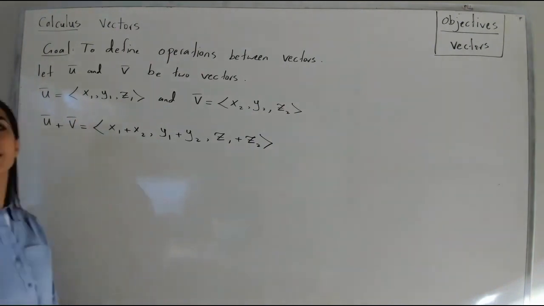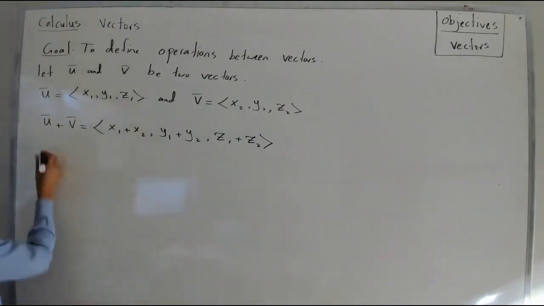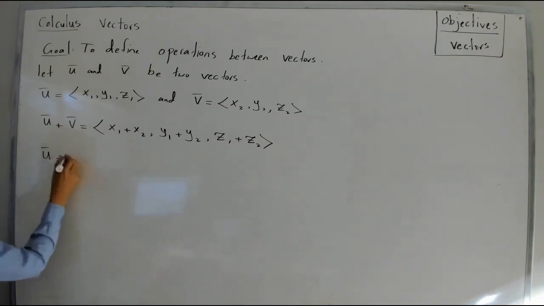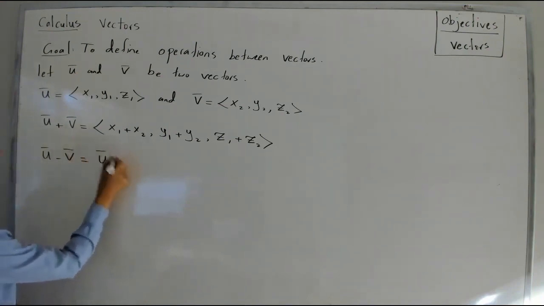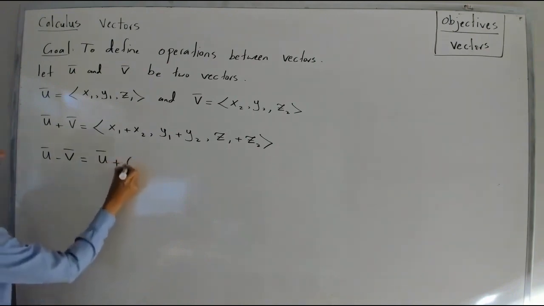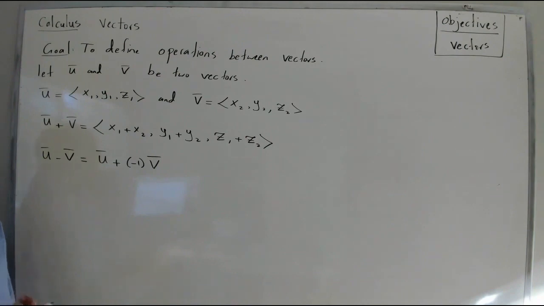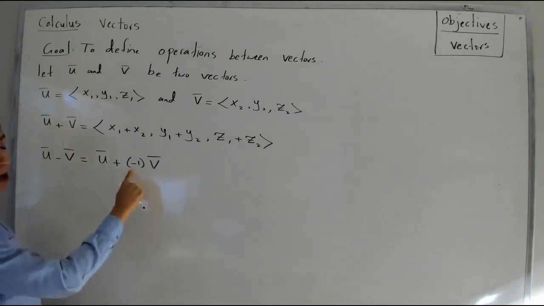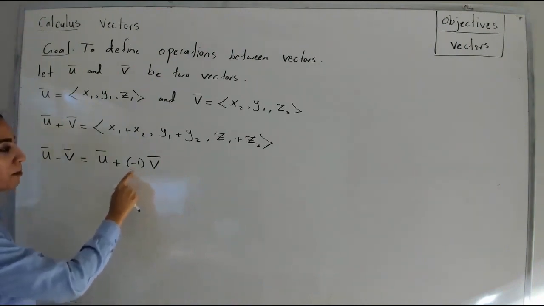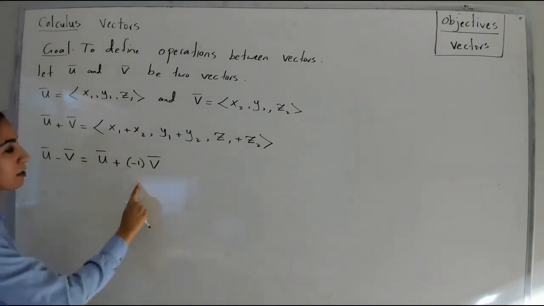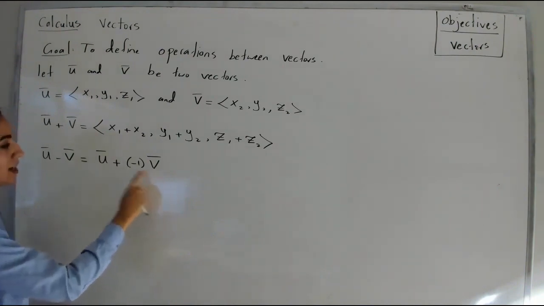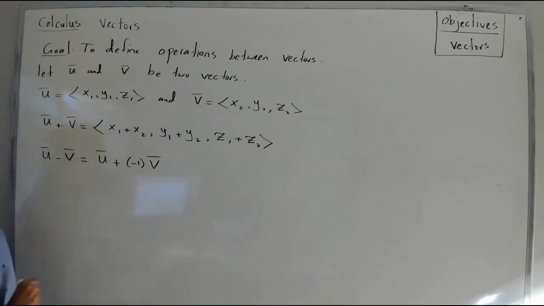Well, how do we do subtraction between two vectors? U minus v can be written as u plus -1 times v. Here, what are we doing? We are multiplying a scalar, a number like -1 by v, and then add these two vectors together.